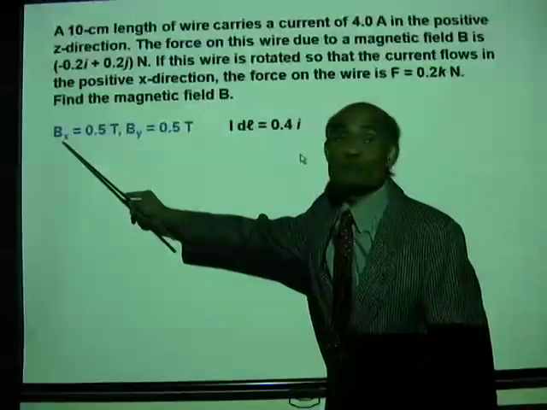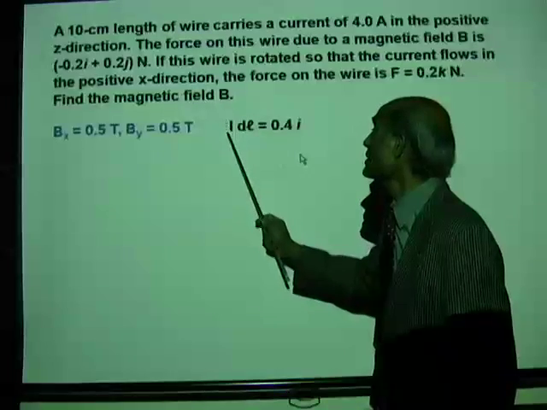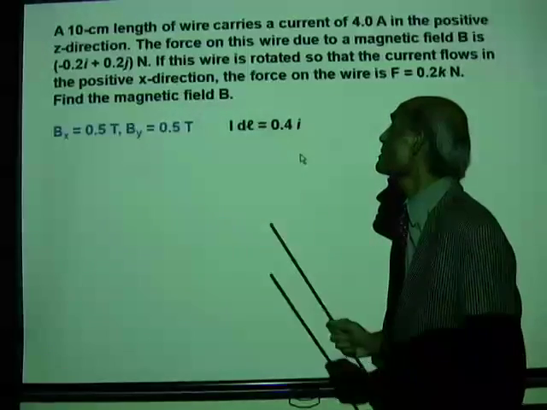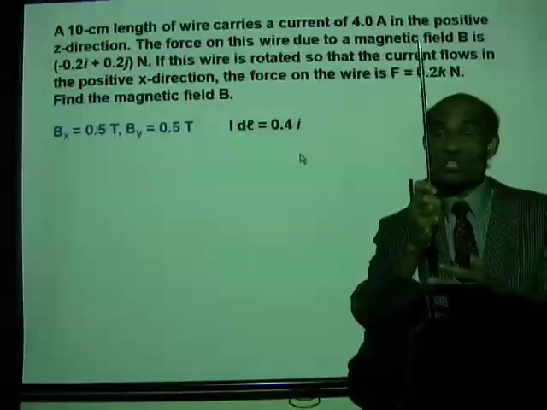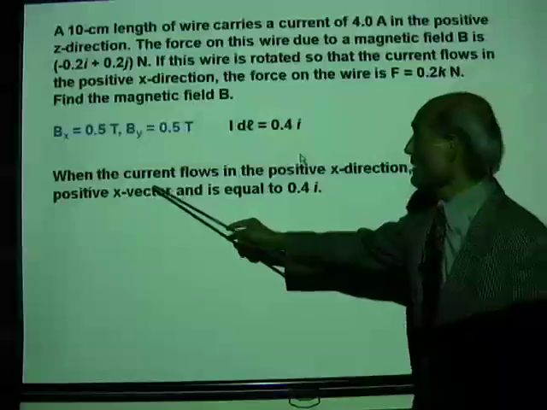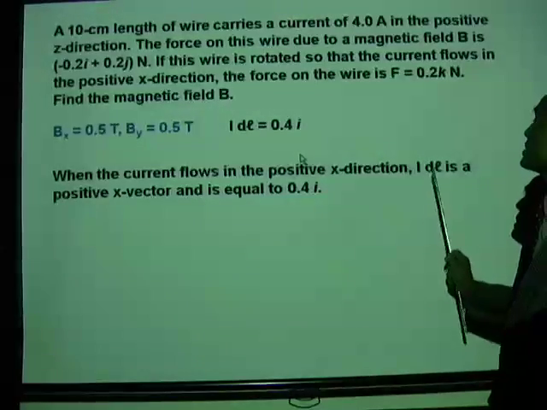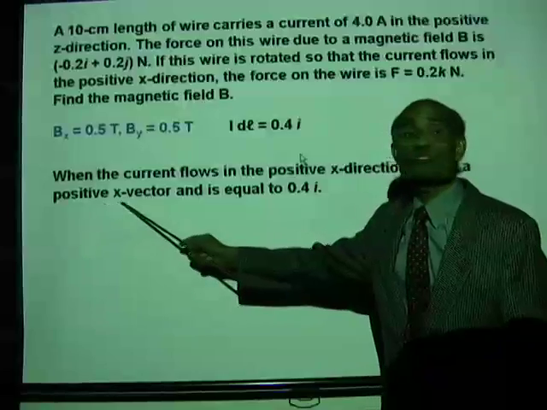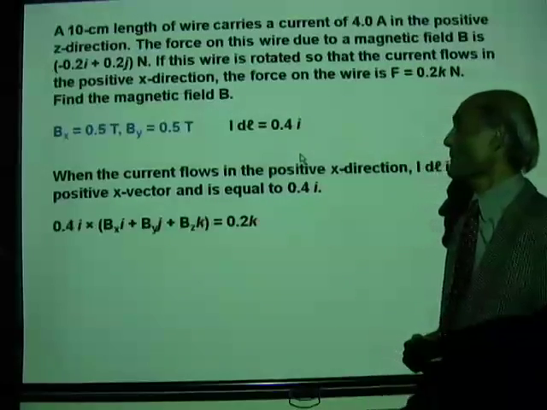We have BX, which we calculated, BY we know, and the IDL vector is now 0.4I. It is now in the x direction. Now, when the current flows in the positive x direction, IDL is a positive x vector and is equal to 0.4I.